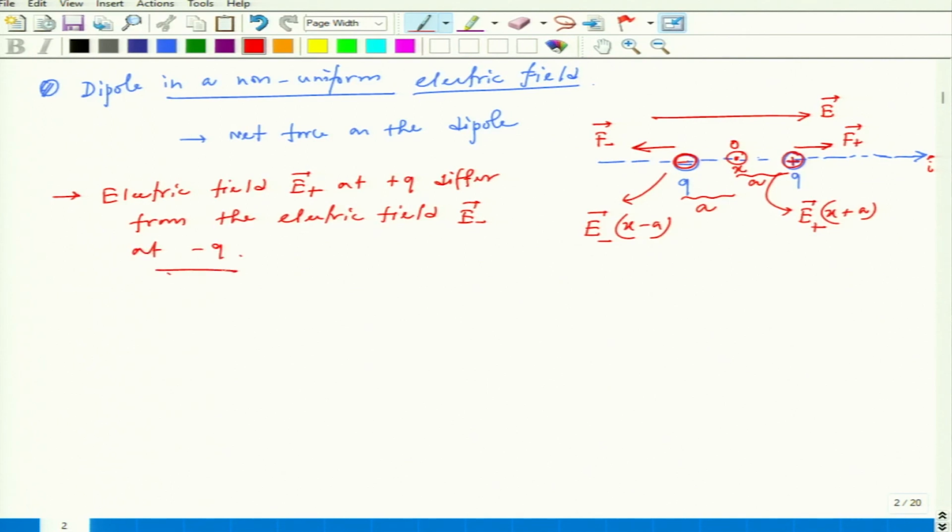So E plus and E minus differ, and that is why we say that the electric field is non-uniform.